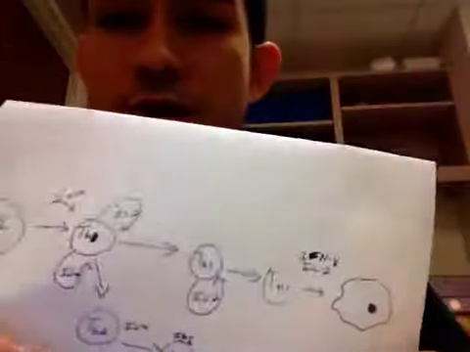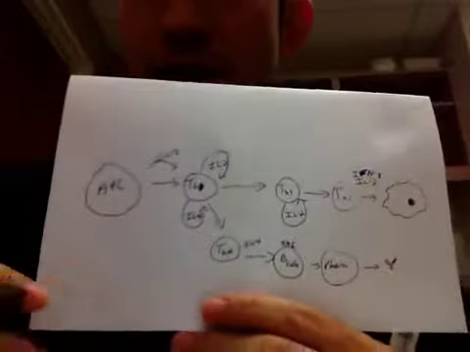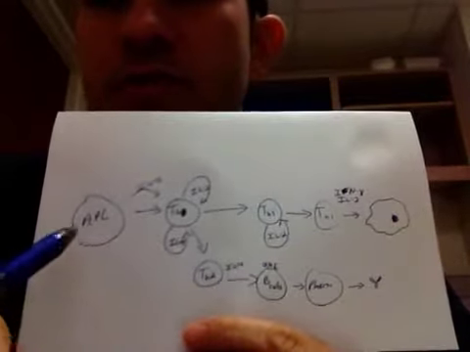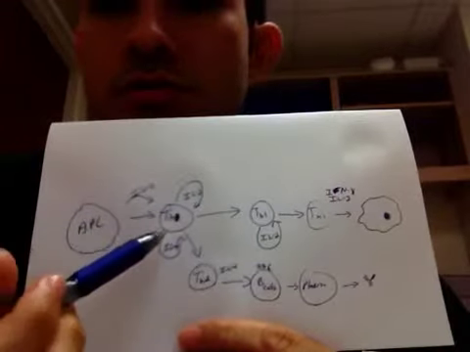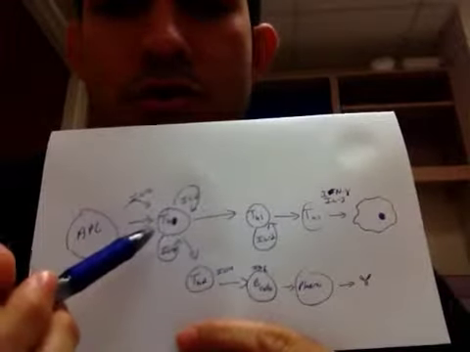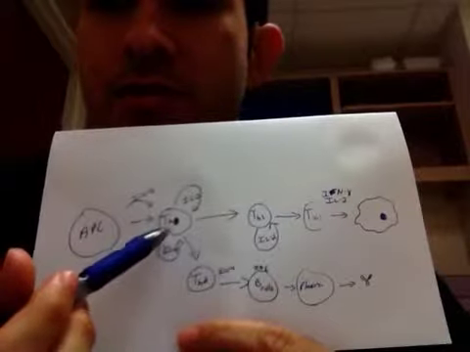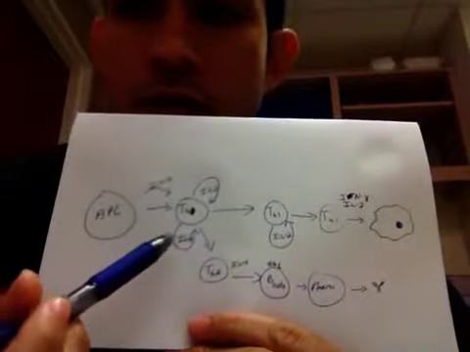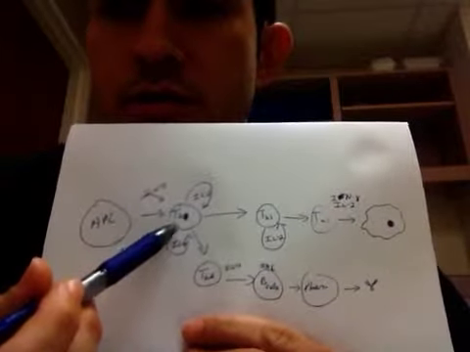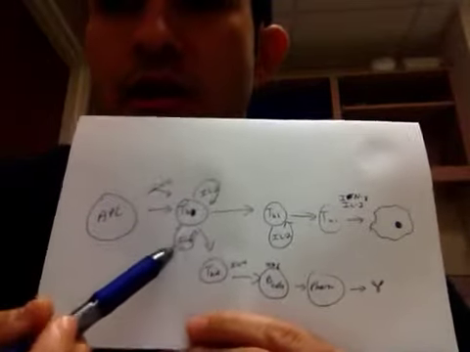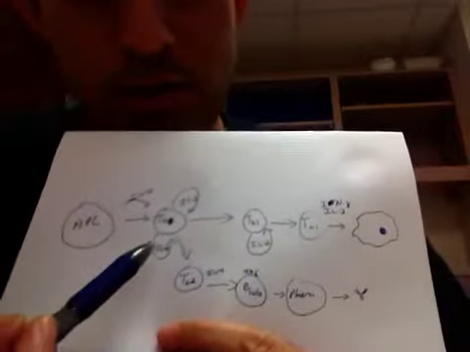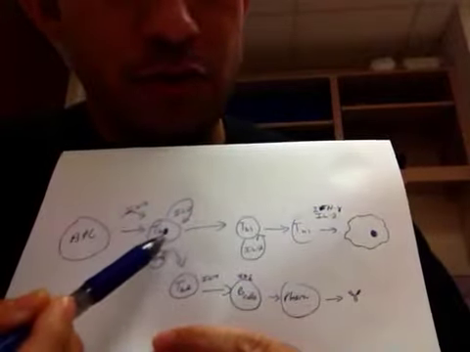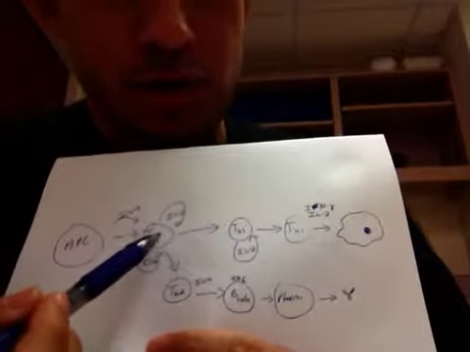Here's another diagram that I have. You have your antigen presenting cell, which usually connects with a T helper cell, in this case type 0. Once these T helper cells are activated, they create interleukin 2, such as for type 0, which activates more type 0 T helper cells.